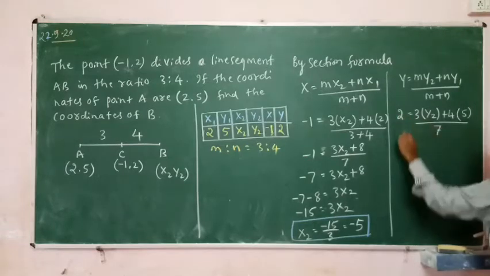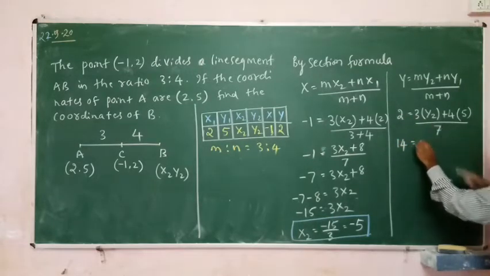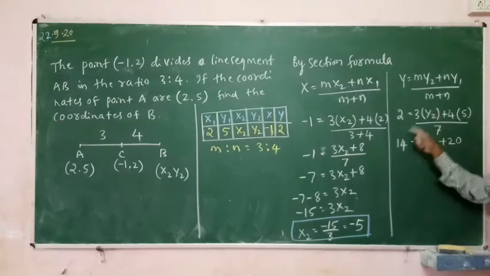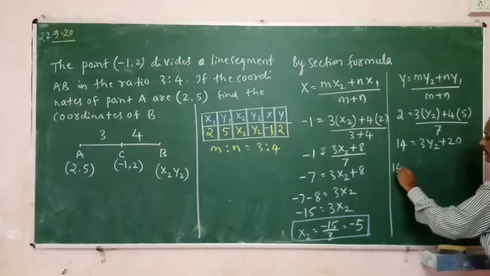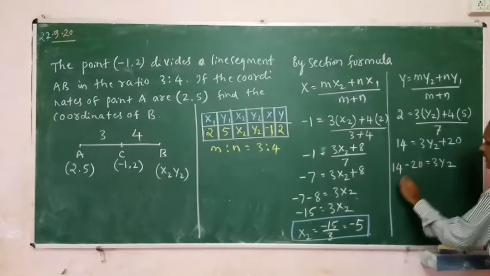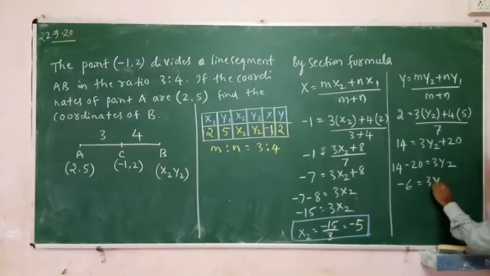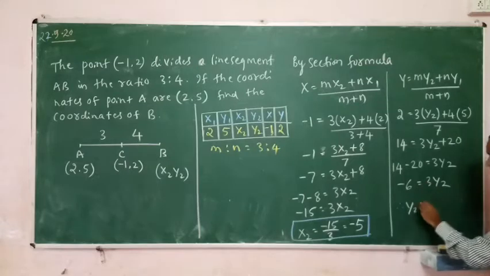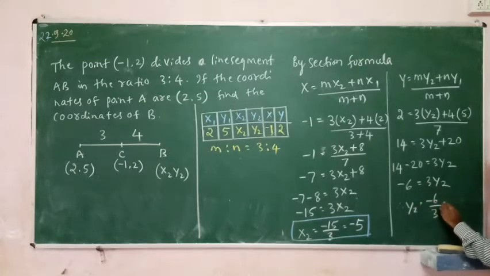Cross multiply. 14 is equal to 3y2 plus 20. Transfer it to the LHS. Coming to the denominator, -6 by 3, the answer is -2.